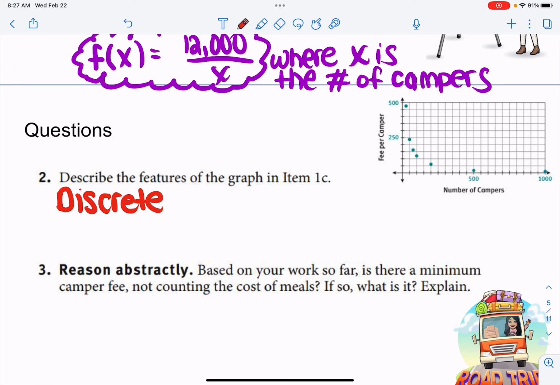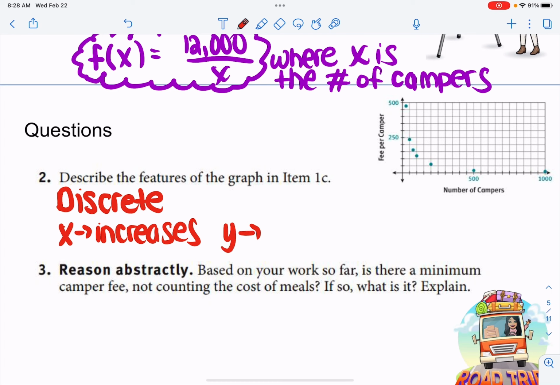The second thing I want to cover is what is happening to y as x changes. So what I can say is as x increases, and these are the descriptions I would be looking for, then f of x or y decreases. Makes sense?